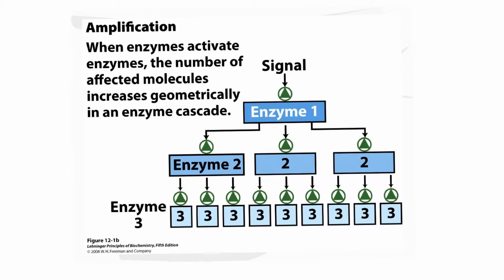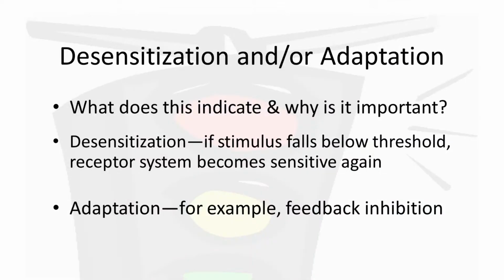Okay, so we have desensitization. Some people also refer to adaptation. And so if we didn't have some type of desensitization, it would always be in the on or off position. Okay, so what happens here is much like the threshold with respect to a nerve signal, is if the stimulus falls, or any time that it falls below that threshold, your receptor will start to become sensitive once again.